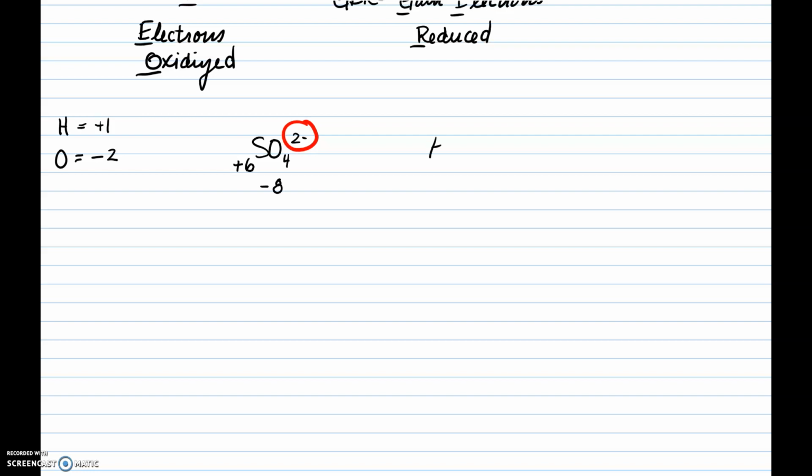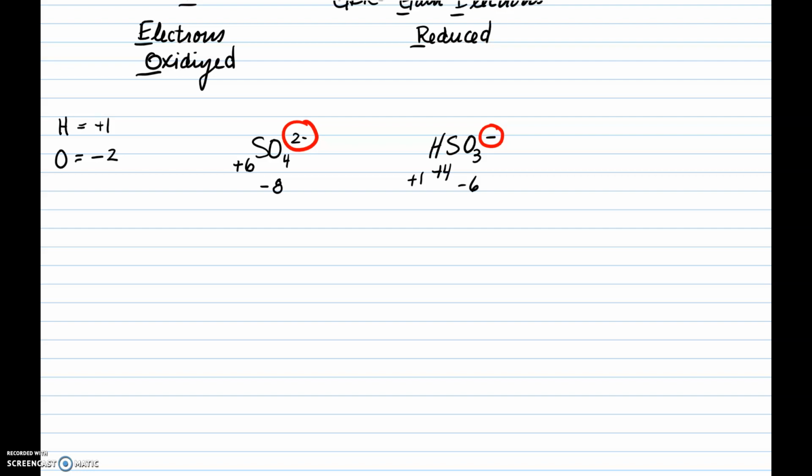So then I'll draw the other half of this. So again, -2 times 3, -6. Hydrogen is +1. And again, looking at the overall charge of the molecule, by default, our sulfur has to be +4.